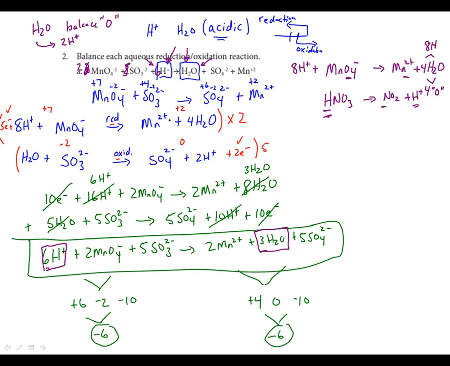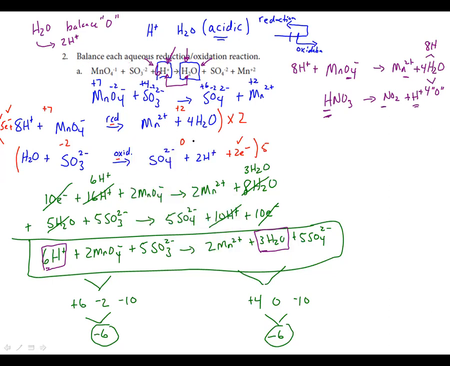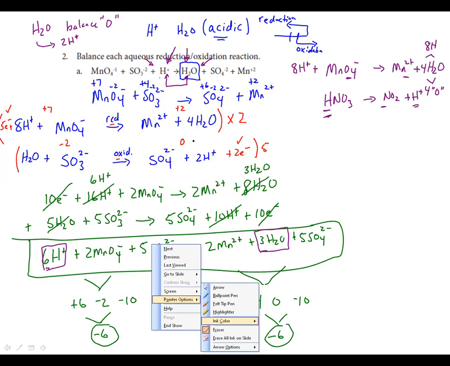So this is a way you actually could check yourself. When you do it correctly, your H plus and H2O balance on the right sides, and you can use it to check yourself at the end.